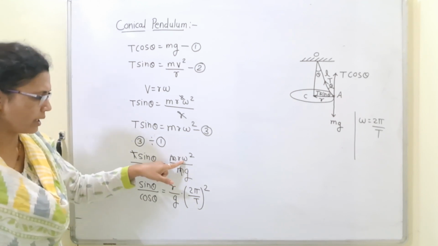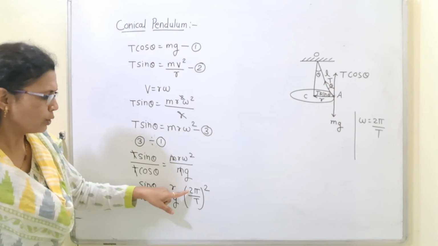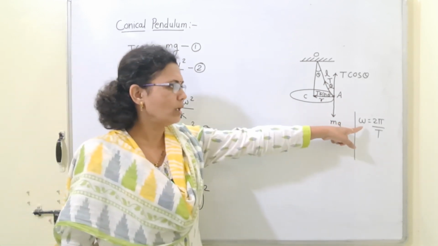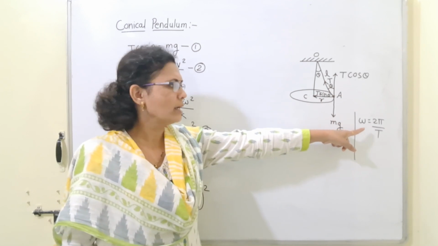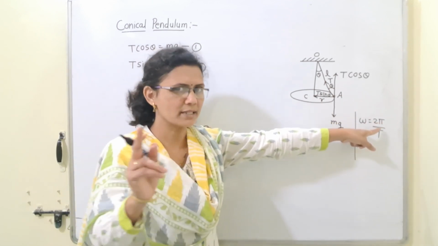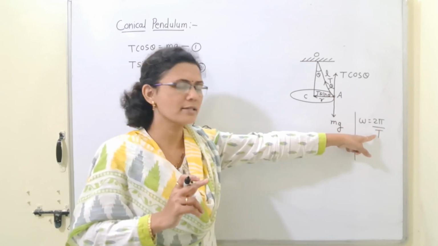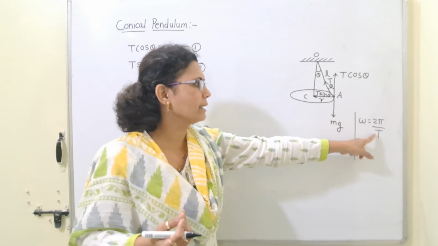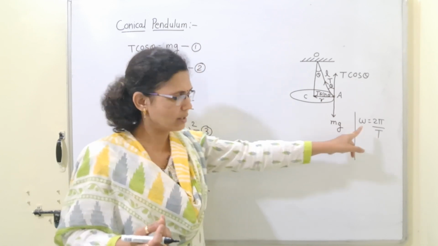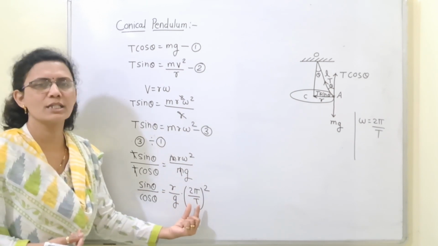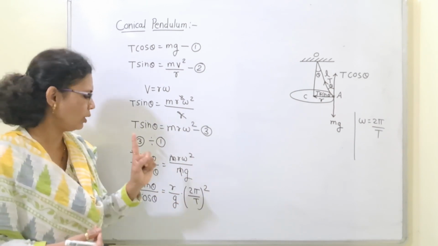Therefore, in place of omega, I have put that value. Since angular velocity omega is nothing but angle divided by time, 2 pi is the angle of that circular path and T is the time required to complete one revolution. Therefore, 2 pi by T is the angular velocity.